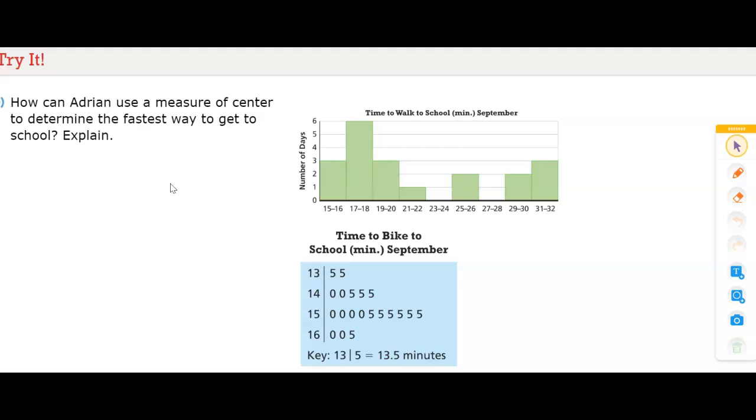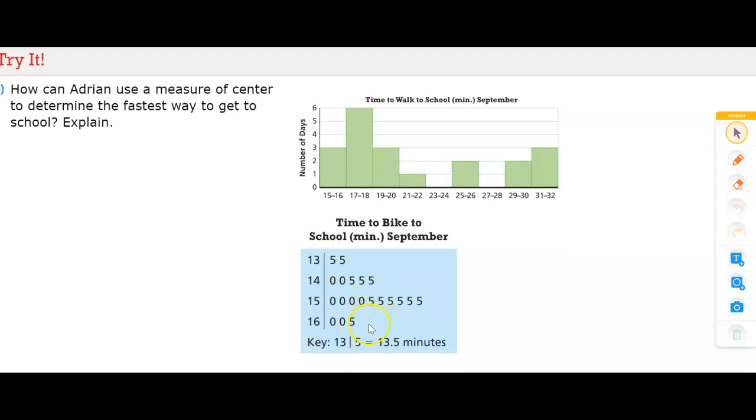If she took the median to determine which is faster, to ride a bike or to walk, the median for her walk time would be about 19 to 20 minutes, and the median of the bike time would be about 15 minutes. And so based on that median, again, biking is faster, 15 minutes is less than the 19 to 20 minutes for walking to school.